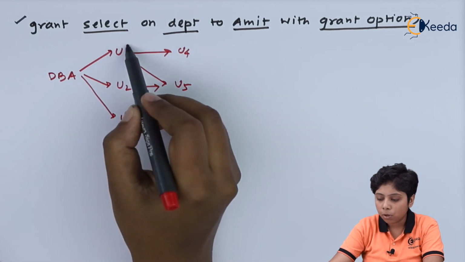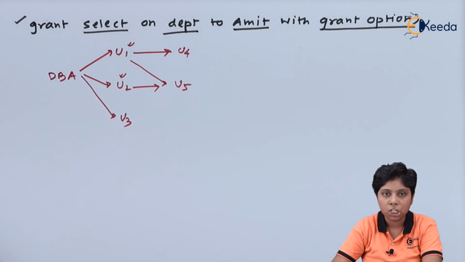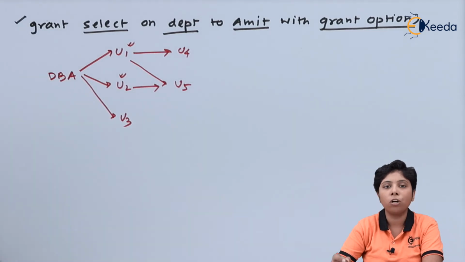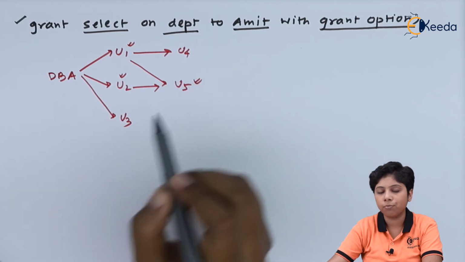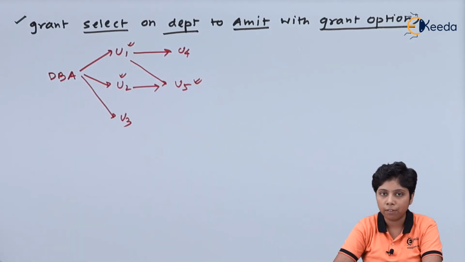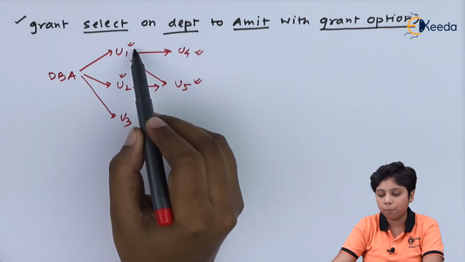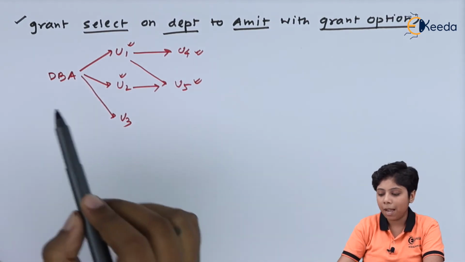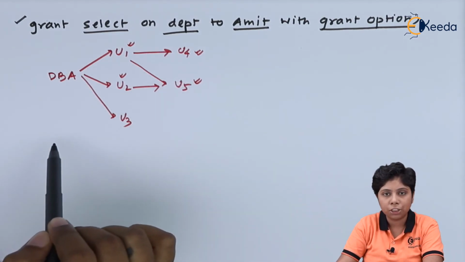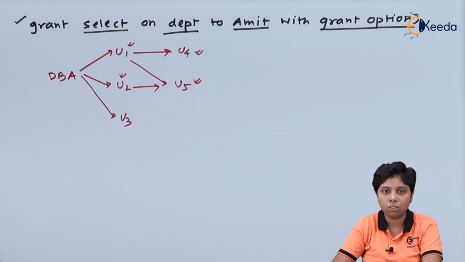If U1 has the select privilege and U2 has the grant privilege on some relation or different relations, then all the granting of privileges will be controlled by U5. On the other hand, U4 will have only the privilege that U1 has. In this way, we can manage the privilege transfer from one user to another through the authorization graph.